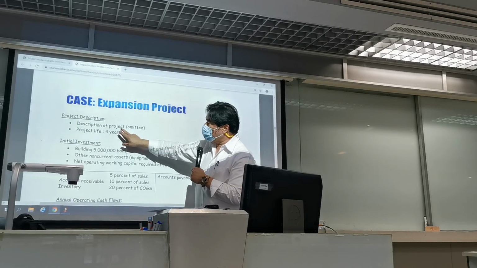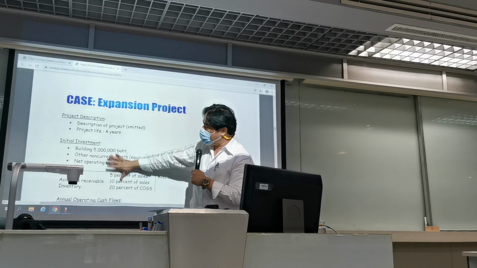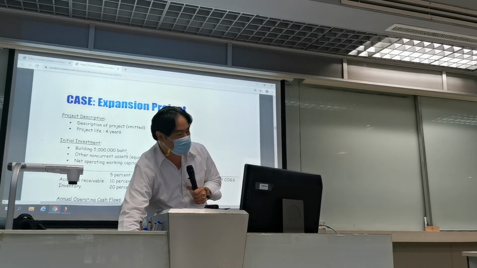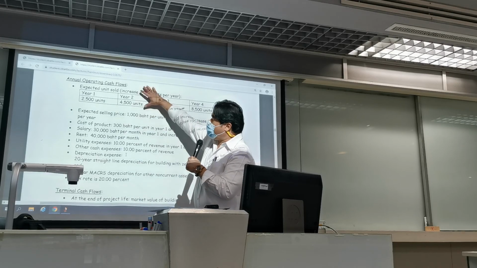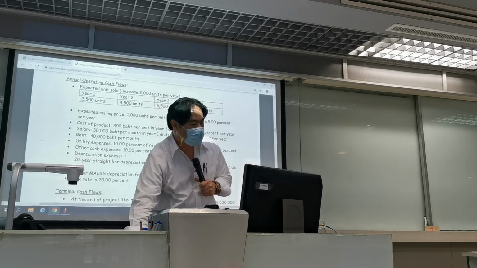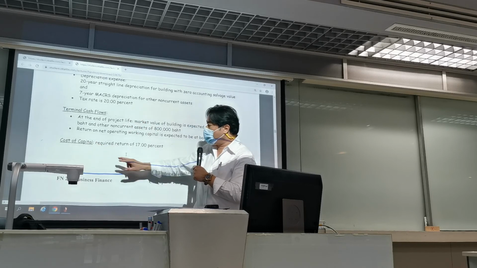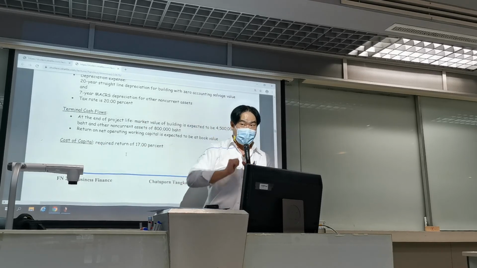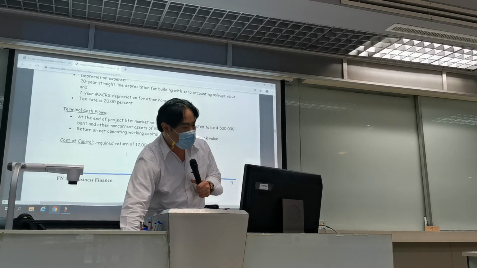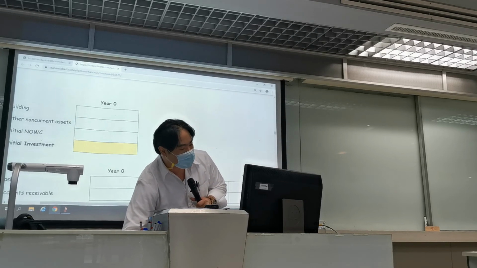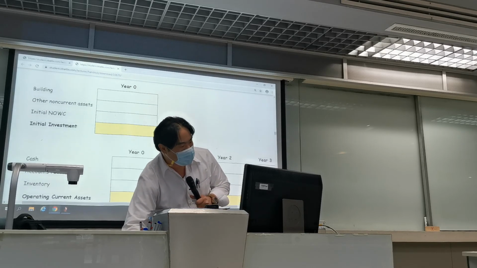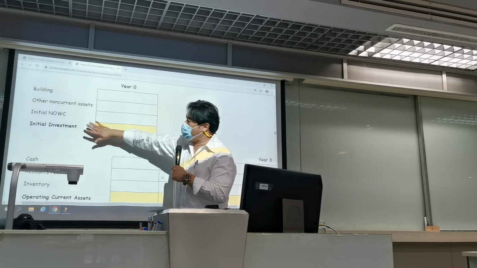The project life equals 4 years. You have the data for initial investment here, the data for annual operating cash flows here, and the data for terminal cash flows here. And for cost of capital, you use 17% to calculate NPV finally. I prepared the table for you to fill in all the numbers. First part, initial investment.